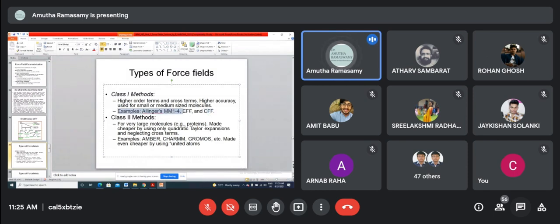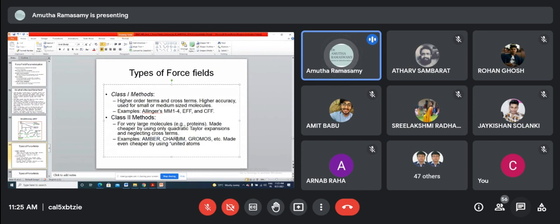So many force fields are there. Class 2 is for very large molecules like biomolecules; most chemistry people use this. For biomolecules we use the AMBER force field, CHARMM force field, GROMOS force field, etc.